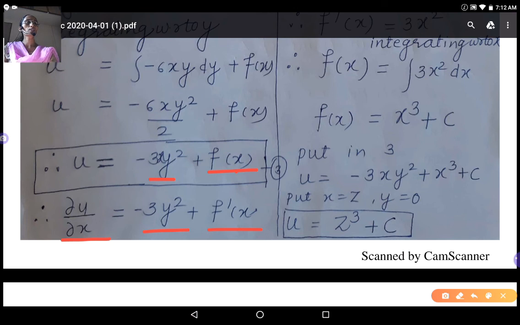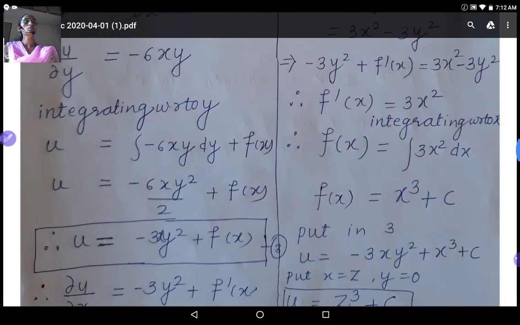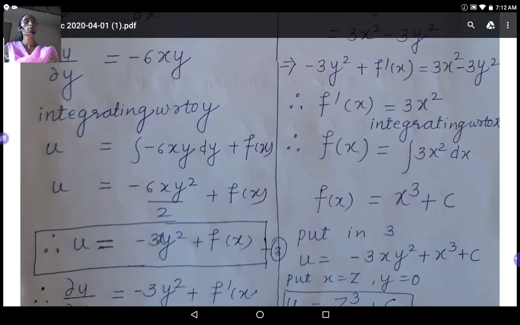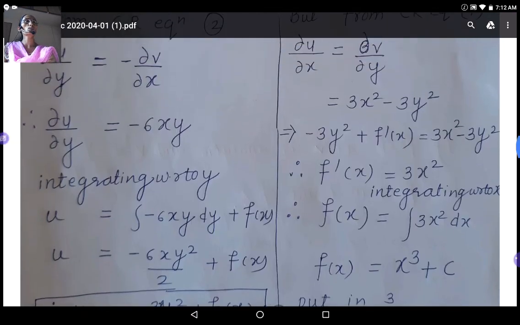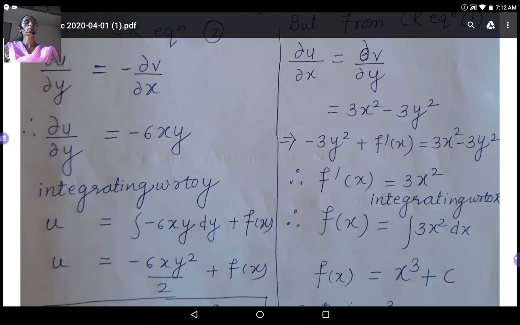Once you found this del u by del x, now from the CR equation also you get del u by del x. Del u by del x is what here? 3x square minus 3y square. Which CR equation are you using now? The second was used already. Now you are using CR equation first, and you got del u by del x is equal to 3x square minus 3y square.